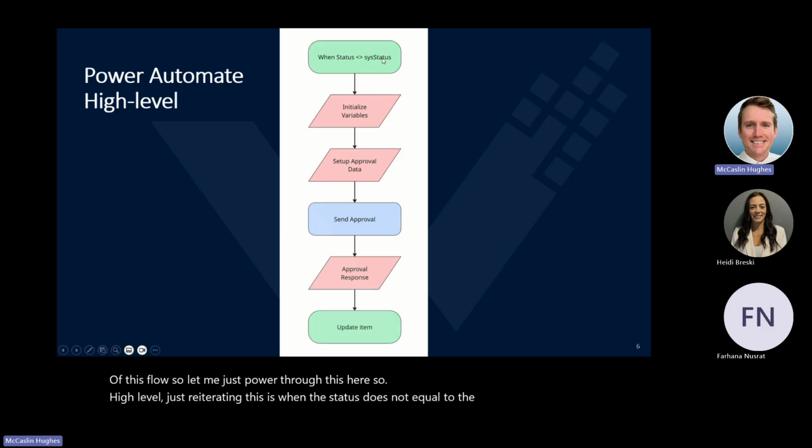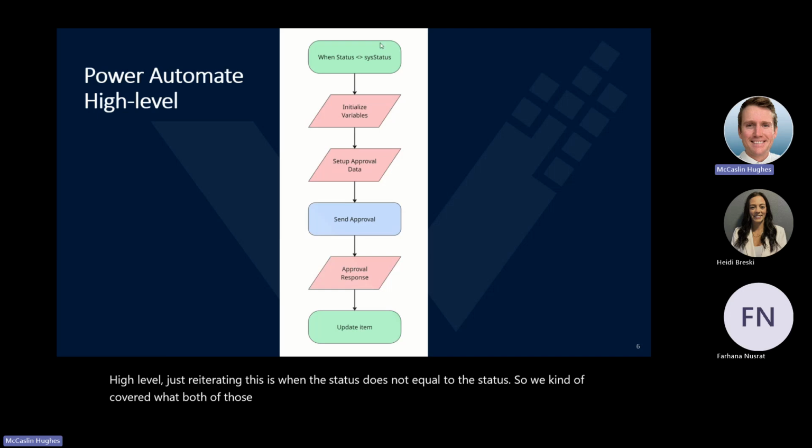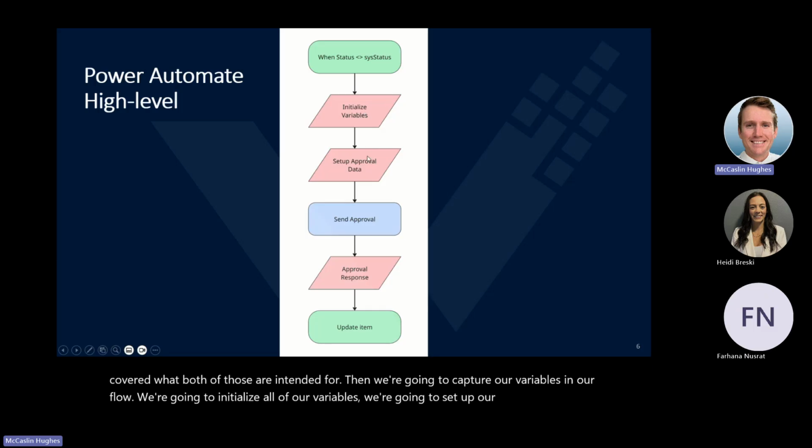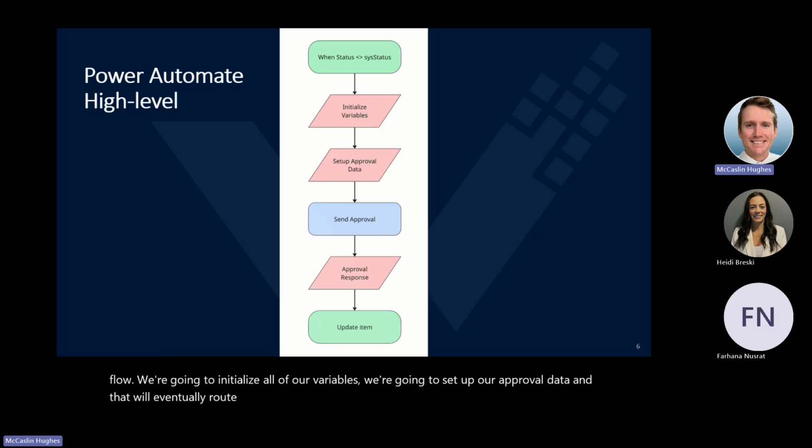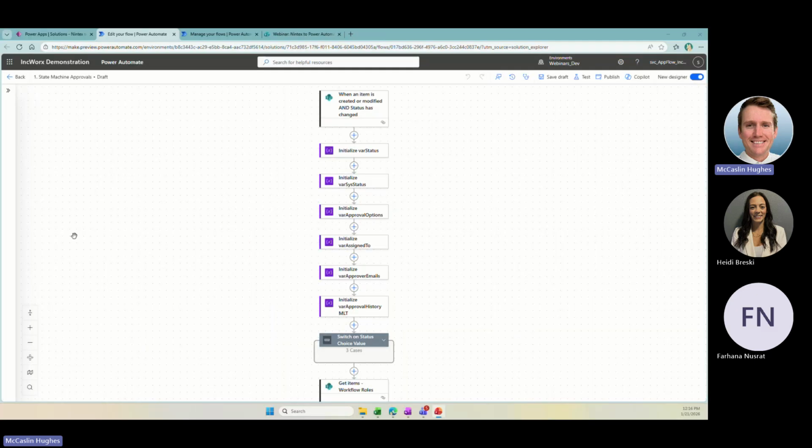We kind of covered what both of those are intended for. Then we're going to capture our variables in our flow. We're going to initialize all of our variables. We're going to set up our approval data, and that will eventually route approvals to specific approver groups in the send approval action. And then we're going to collect our approval response, and we're going to update our item. So that's the high level.